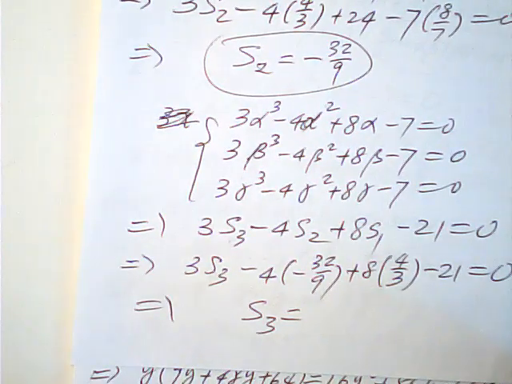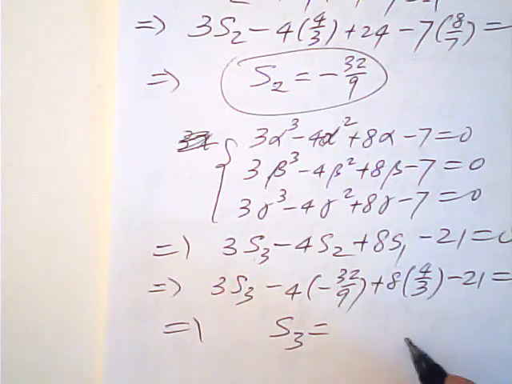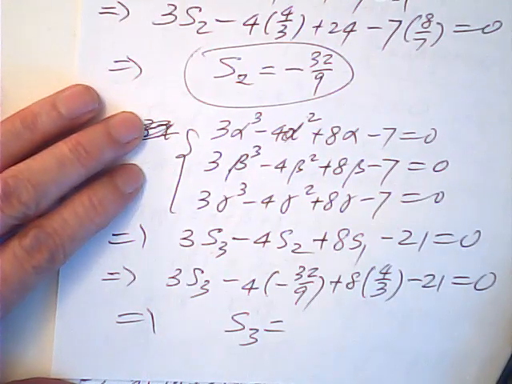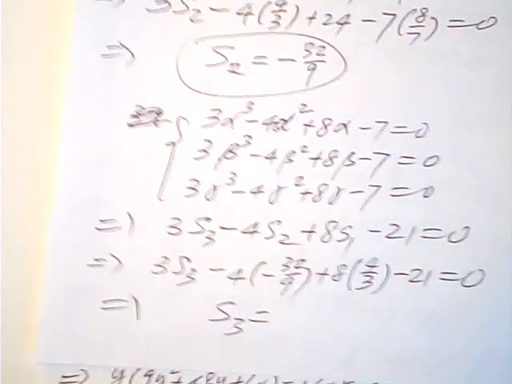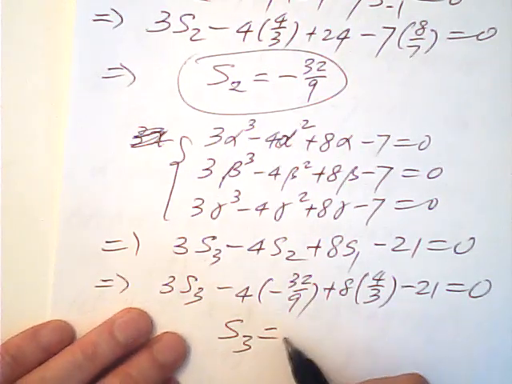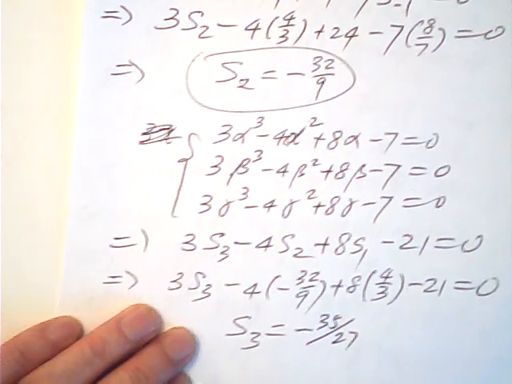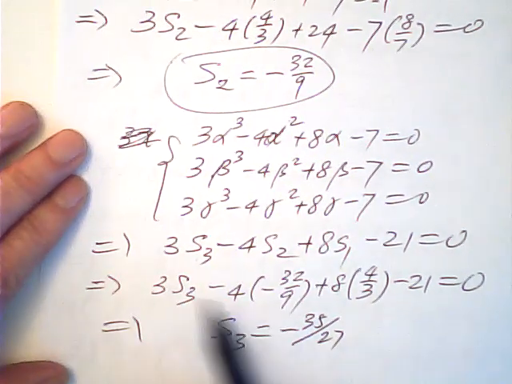Well, let me omit the calculations. S3 is equal to negative 35 over 27. Right, just simple arithmetic.